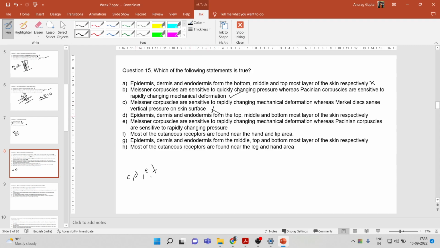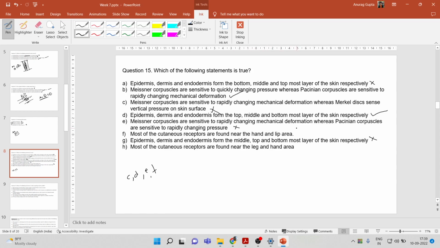Then D, epidermis, dermis, and endodermis form the top, middle, and bottom layer of the skin respectively. Yes, this is correct. So then basically G becomes wrong because that's not the correct order. Then, Meissner corpuscles are sensitive to rapidly changing mechanical deformation, whereas Pacinian corpuscles are sensitive to rapidly changing pressure. This is wrong.